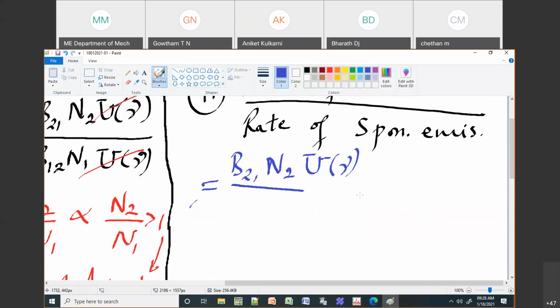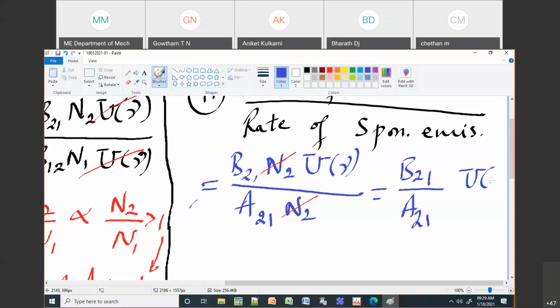The rate of spontaneous emission is A21 N2. Here N2 cancels, and what is left is B21 by A21 into U of nu.